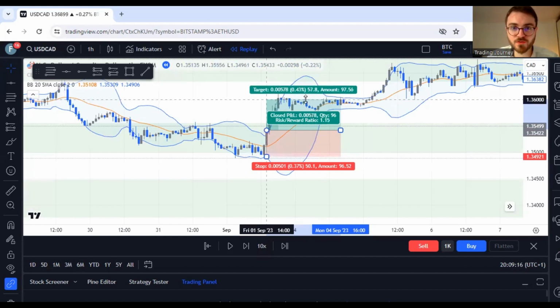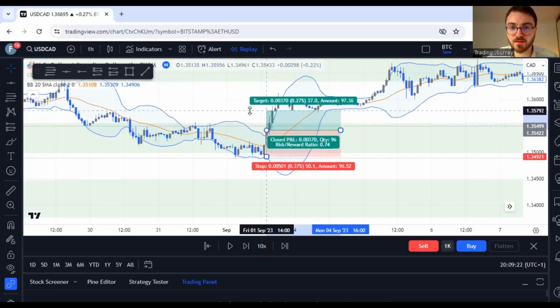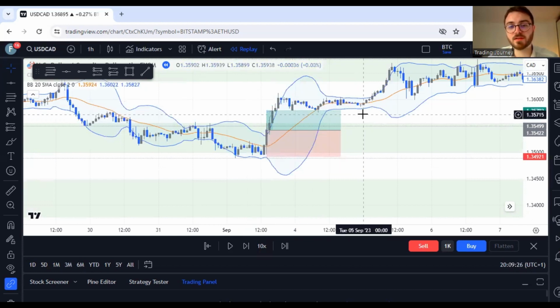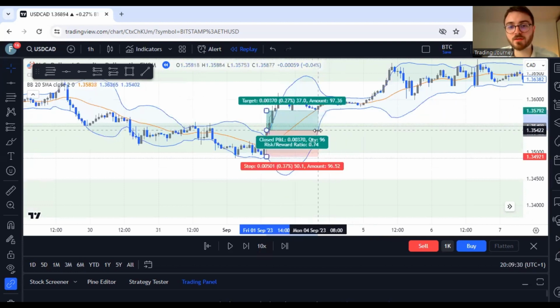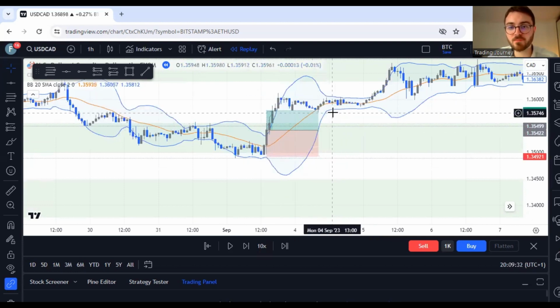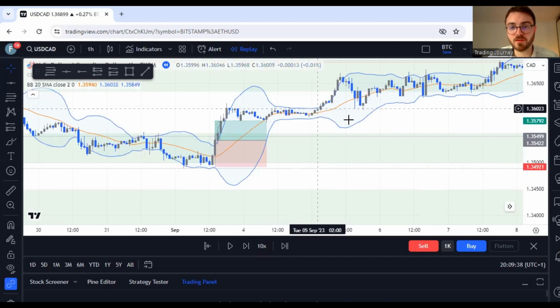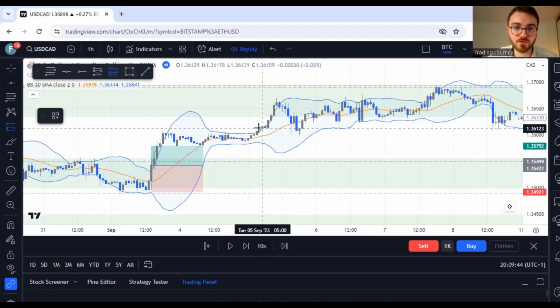And instead of just targeting this level, we would simply wait for the price to retest and then exit the trade when it does. The thing with this is that you just get very small entries and very quick trades. At the same time, if the market is ranging, you can take the trades and get stopped out very often. So you have to get quite nice timing with this.